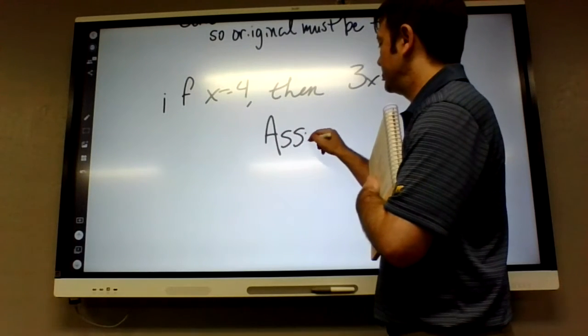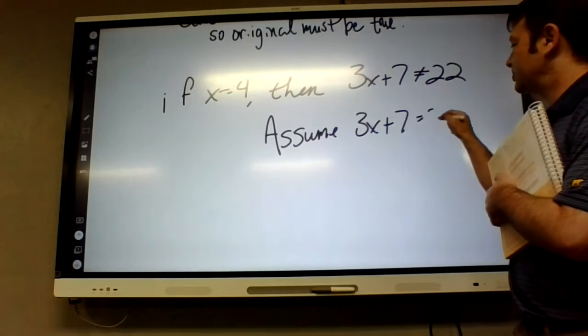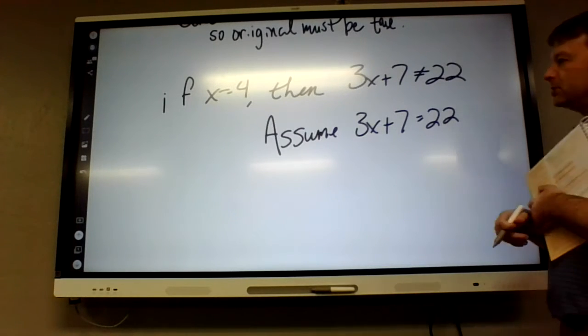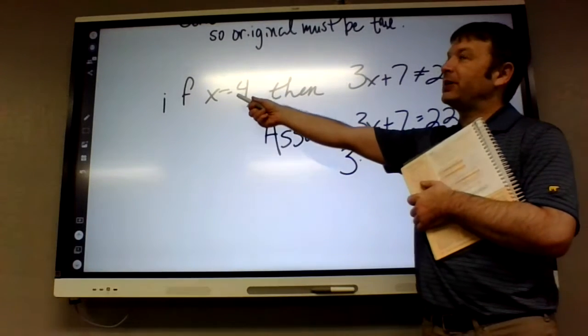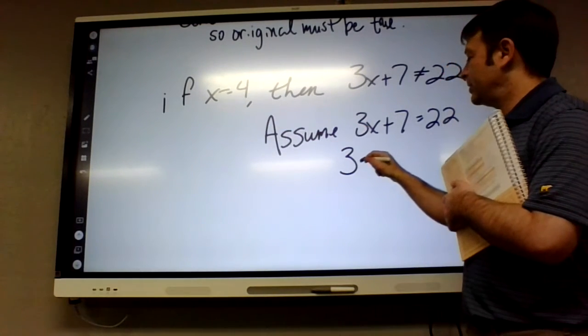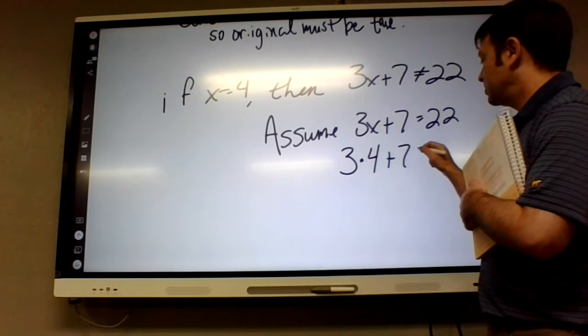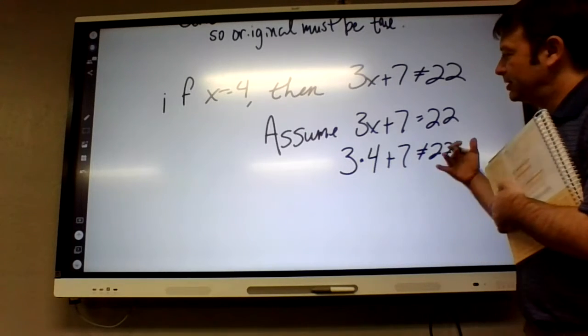Assume 3x plus 7 is equal to 22. Well, what's wrong with that? If you plug in, we know that x is 4, this is our given. If we put in 4 for x, it's not equal to 22.